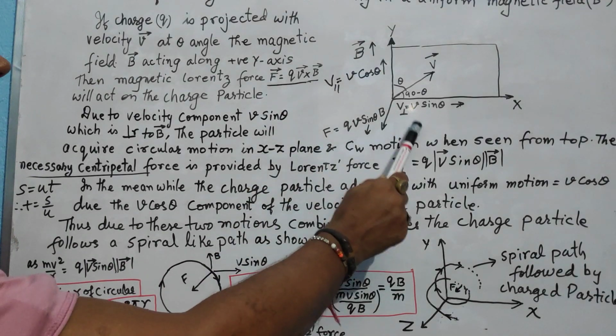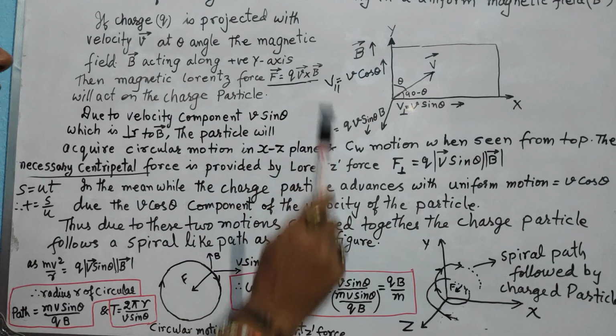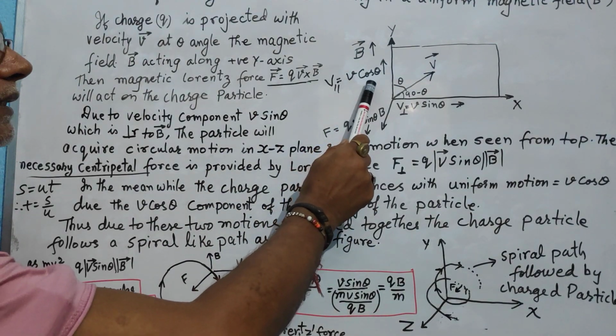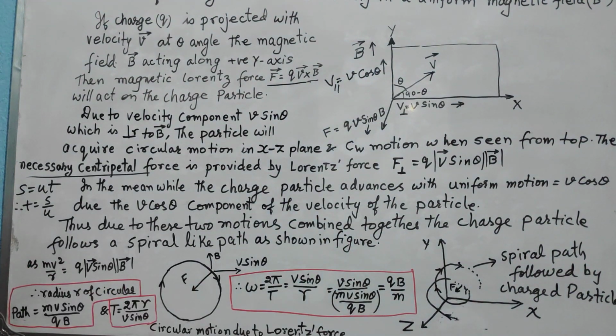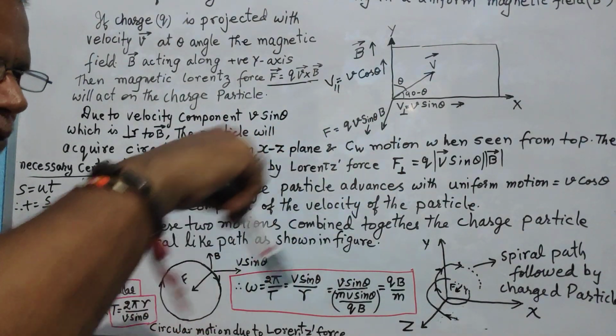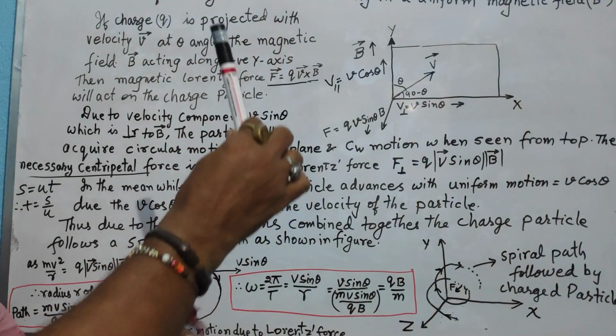Now apart from this, due to the parallel component of the velocity which is along the magnetic field, there is no Lorentz force acting due to this component, but this component of the velocity is responsible for keeping the body moving along the y direction. So while the Lorentz force keeps the body moving on a circular path, the parallel component of the velocity of the charged particle keeps the particle moving in the upward direction.